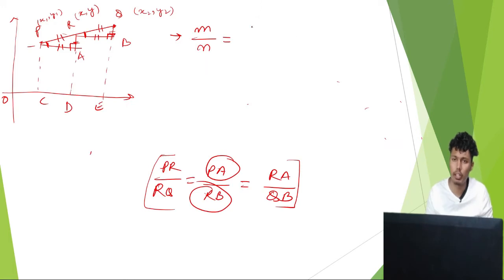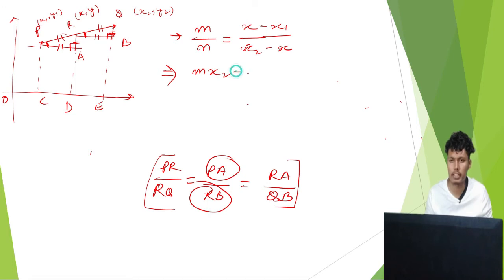So X minus X1 over X2 minus X. Let us solve this one. By cross multiplication, MX2 minus MX equals NX minus NX1.